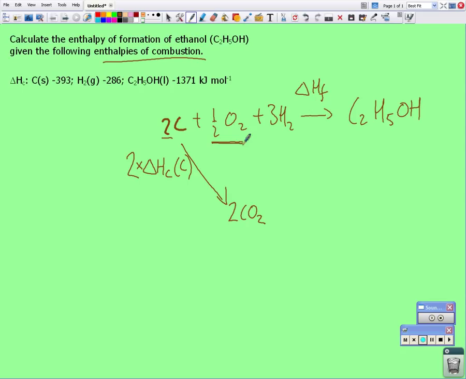We can burn hydrogen though, very explosively as it happens. If you burn 3 moles of hydrogen in oxygen, you get 3 moles of water. So that is 3 times the enthalpy change of combustion of hydrogen.